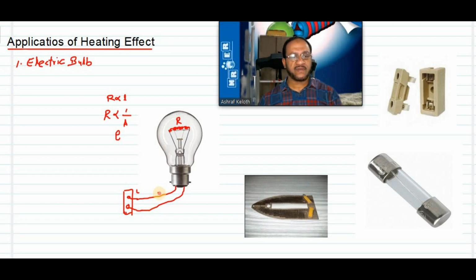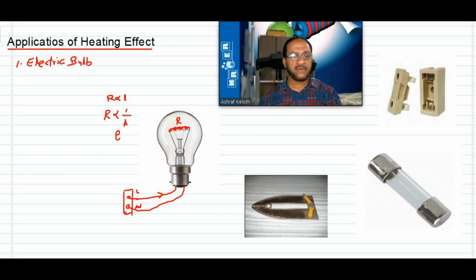Current will start flowing from the live wire to the neutral wire through this filament. Once you switch on the circuit, through the live wire current will enter, flow through this metal electrode and through this high resistance tungsten filament. Then it will leave through this one and go to the neutral. Got it? Yes, sir.